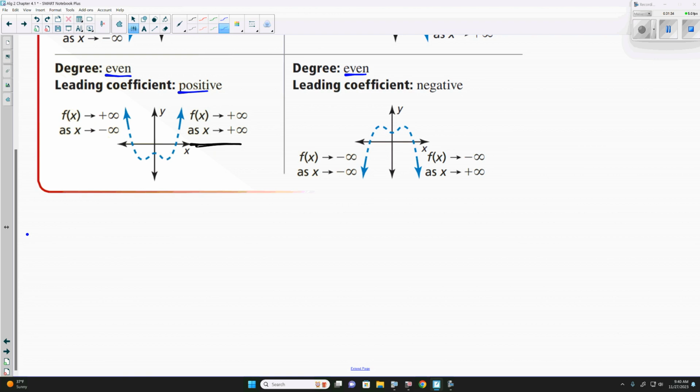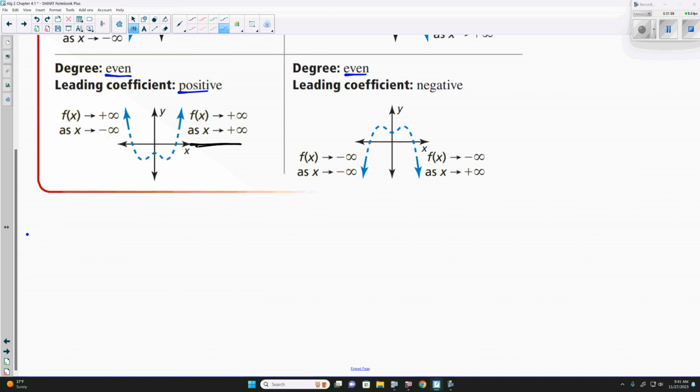If the leading coefficient is negative and the degree is even, f of x approaches negative infinity as x approaches positive infinity. And f of x approaches negative infinity as x approaches negative infinity. All it's saying, f of x is the y value.